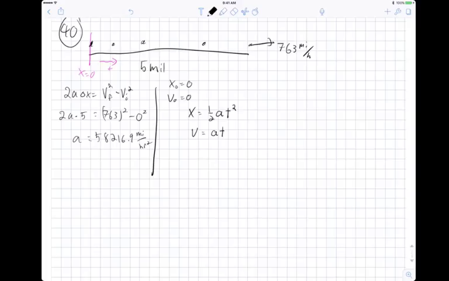So at t is equal to t finish, the finish line, v is equal to 763 and x is equal to 5. So 5 is equal to 1/2 a t finish squared, and 763 is equal to a t finish.